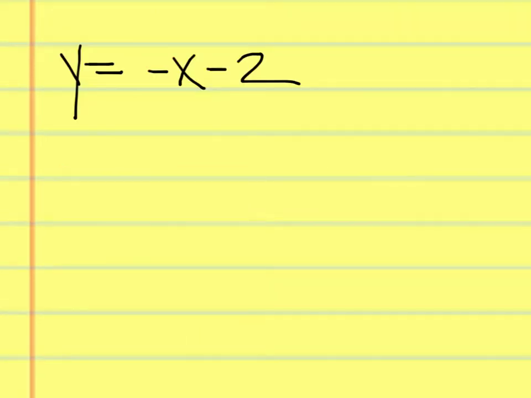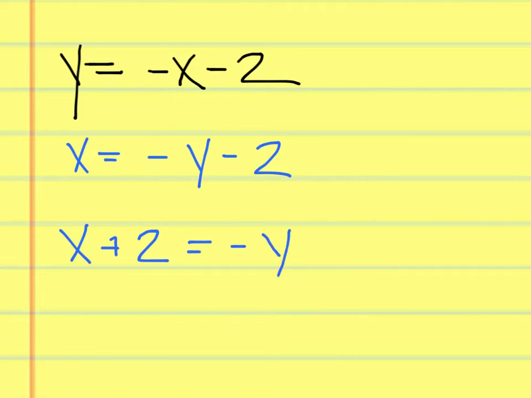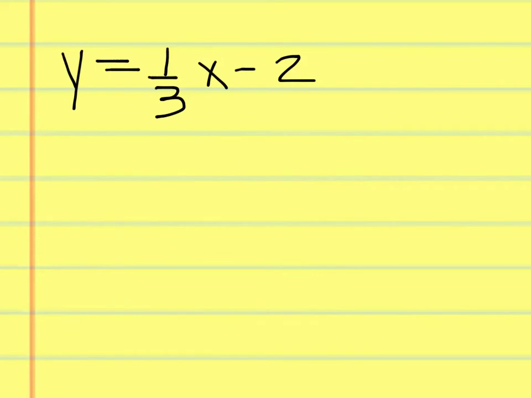You have to switch x and y, and let's move this minus 2 to the left, and then divide everything by a negative 1. So the inverse of y is going to be negative x minus 2. We need to switch x and y, and then solve for y.